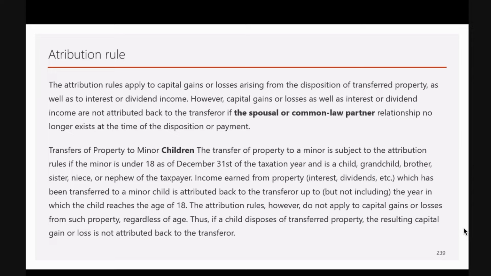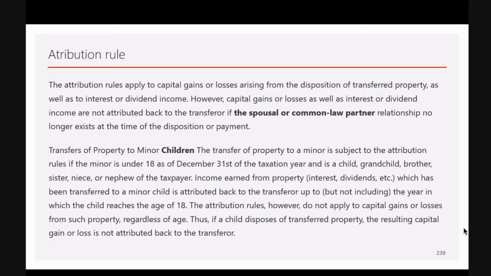That means if the investment income comes into that child's account, the person who transferred it, like the parents, still need to report that income on the parents' tax return.